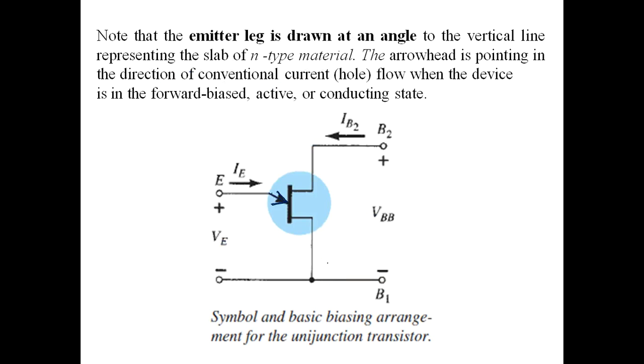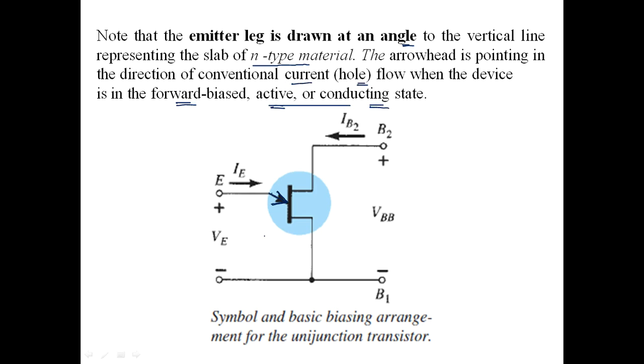So because of that, with respect to the circuit, symbolically it is shown to be aligned. So the emitter leg is drawn at an angle to the vertical line representing the slab of N-type material. The arrowhead is pointing in the direction of the conventional current, which is due to hole flow when the device is in forward biased, active or conducting state.